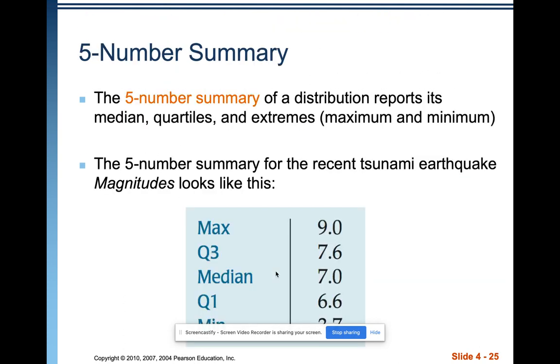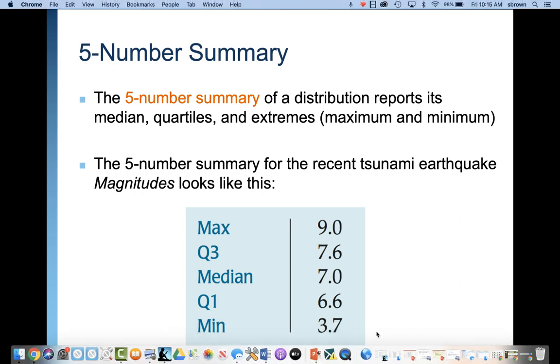Now, one way to summarize data that's very helpful is the 5-number summary. The way that we do that is we give the two extremes, minimum and maximum, and the quartiles and the median. So for our earthquake example, the 5-number summary of the magnitudes looks like this.